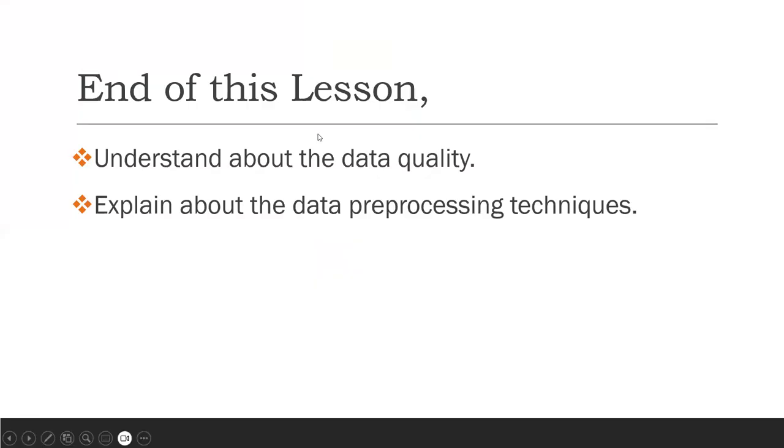Okay, now we will move on to the important things. By the end of this session, you can understand what data quality is. The important thing is you need to think about the quality of the data. Whatever the data mining task or data analytic work you are doing, first of all, you need to think about the quality of your data. Without quality data, maybe you cannot get outcomes, or make predictions, or gain any knowledge.